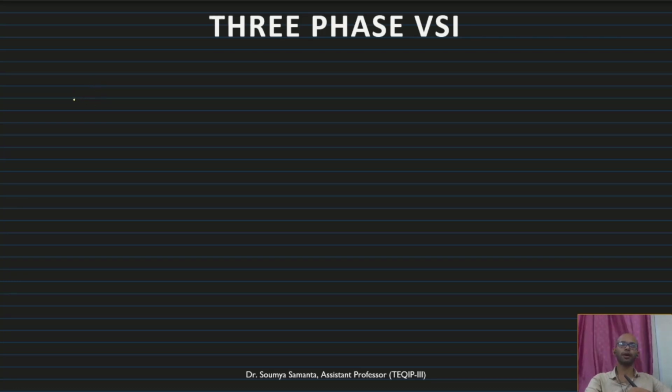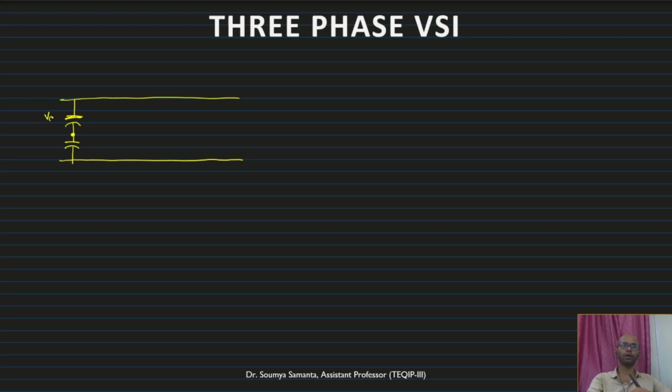So now if I draw the DC bus first, as previously explained, we can divide this into two capacitors having the voltage of VDC by 2 each, plus minus, this is also plus minus.